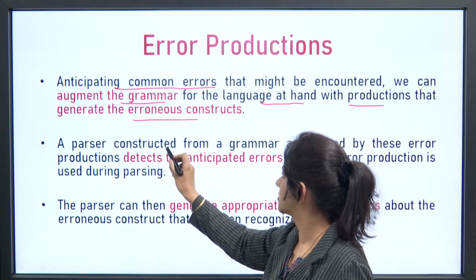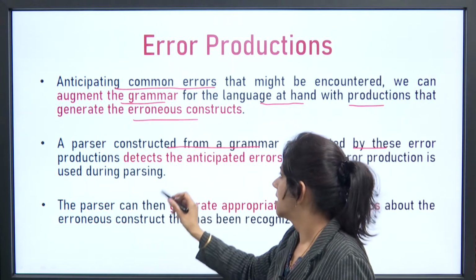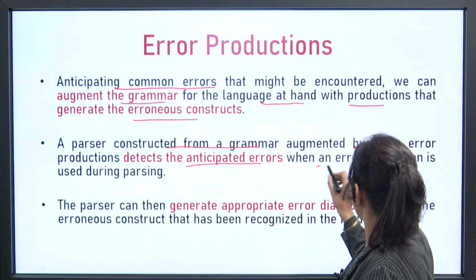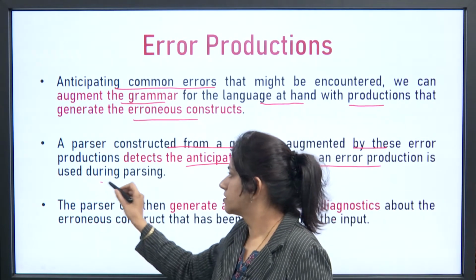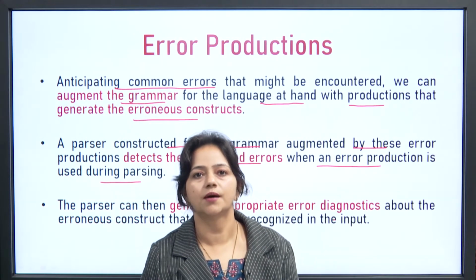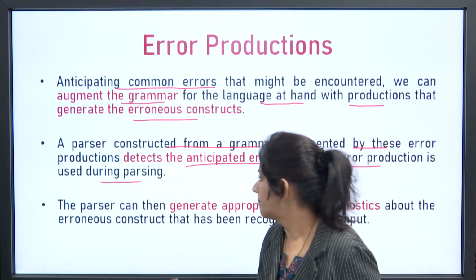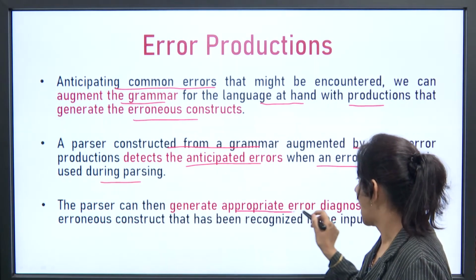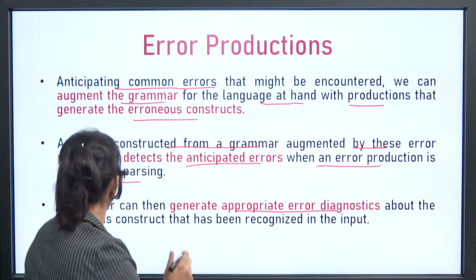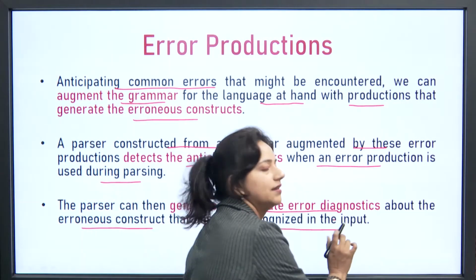The parser is constructed from the augmented grammar. By these error productions, it detects the anticipated errors, where an error production is used during parsing. Wherever that production is used in parsing, proper action can be taken. The parser can then generate an appropriate error diagnostic about the erroneous construct that has been recognized in the input.